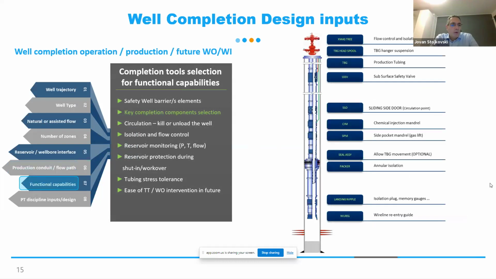When we move forward, we are coming to what I call functional capabilities. Functional capabilities are, in translation, the key completion component selection. What that means?